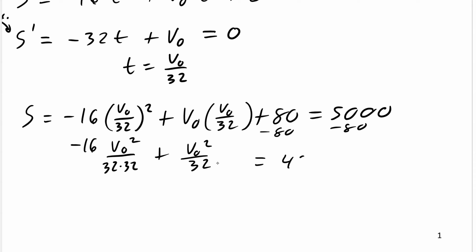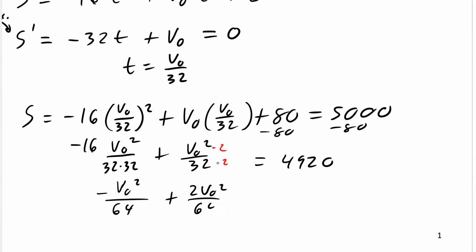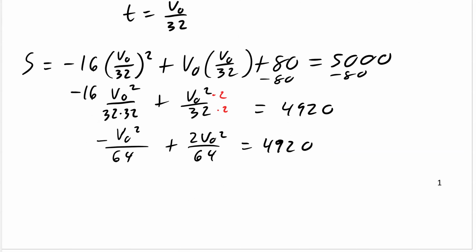So this equals 4920. Now this would become v0 squared over 64 with a negative. So I need to multiply this by 2. So we get 2 v0 squared over 64 equals 4920. And then adding that together, we get v0 squared over 64 equals 4920.